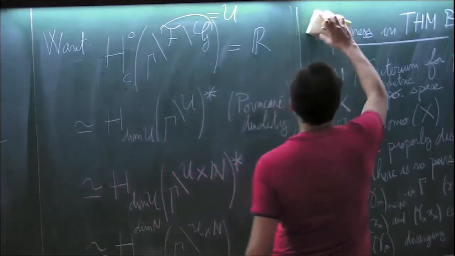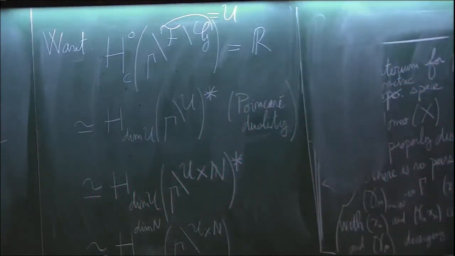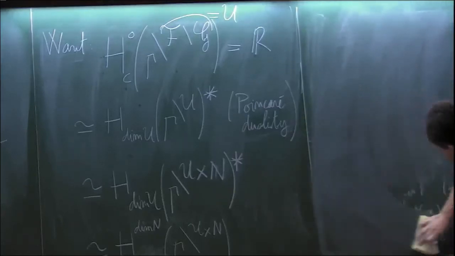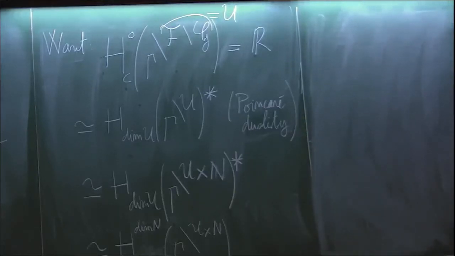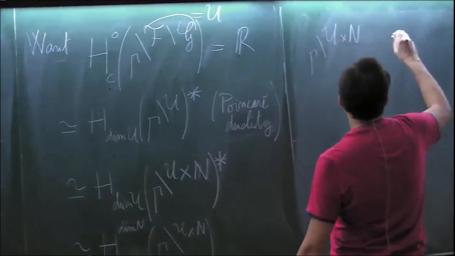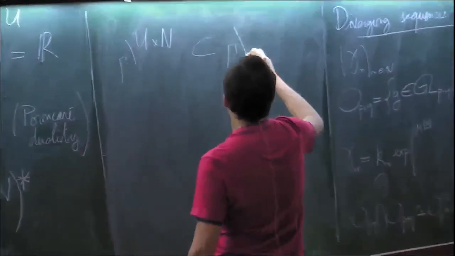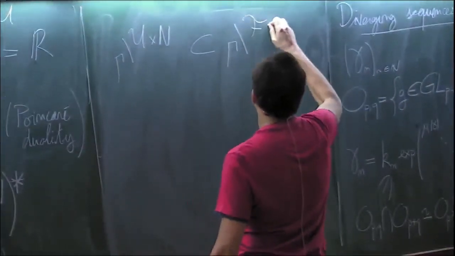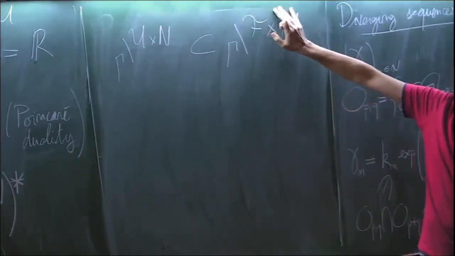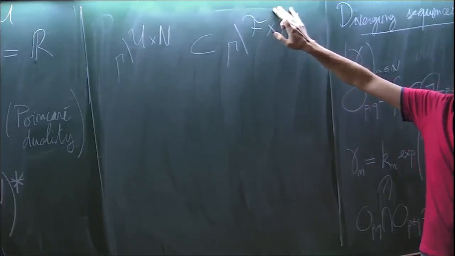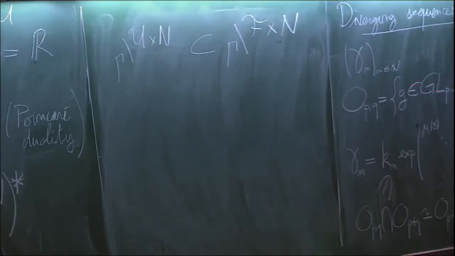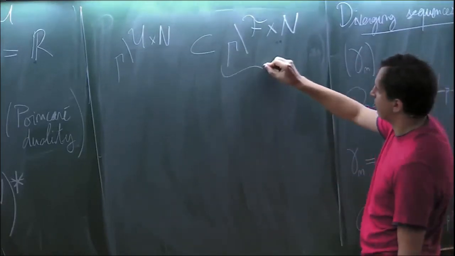So why did we do that? We do that because now we can see this space inside another manifold. So gamma mod u cross n is contained in gamma mod f cross n. This previous quotient, I was not able to consider as a manifold, but now I add this compact factor, and this is a compact manifold.